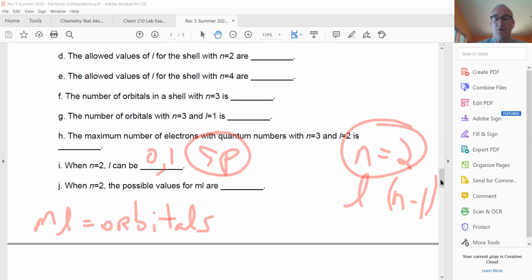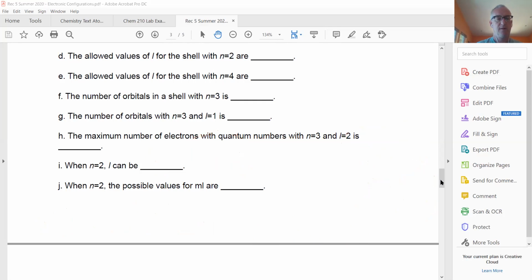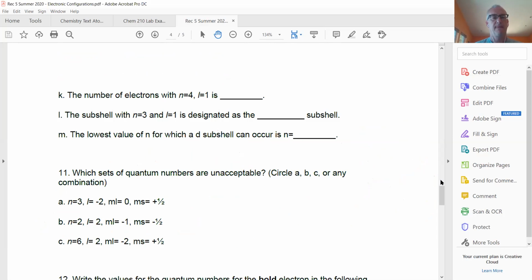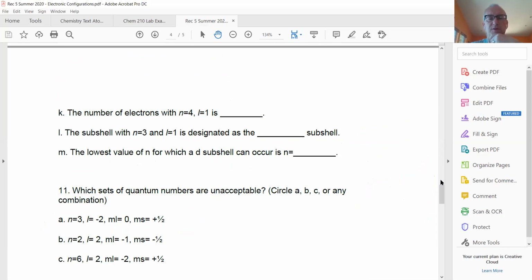S only has 0, and P only has -1, 0, +1. Those are the only two in level 2, so the three possible values are these. Good job. And the number of electrons is going to be 6 for this one. L equals 1, that's a p orbital, so that's going to be 6.